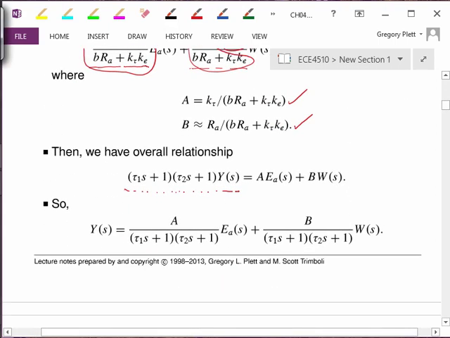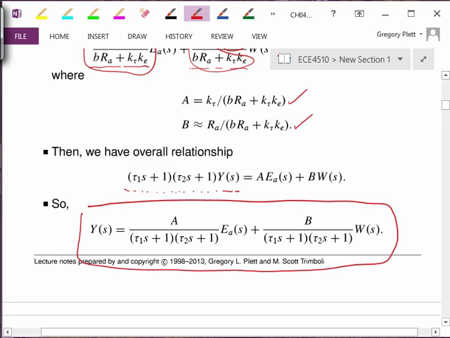And I can divide both sides by the tau 1, tau 2 term, and I end up with this relationship here. So that was the goal of this section, to set up this DC motor example for us to be able to look at it and compare the performance of different controllers applied to this system.